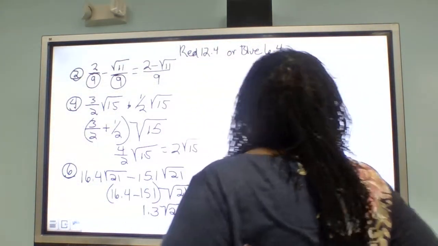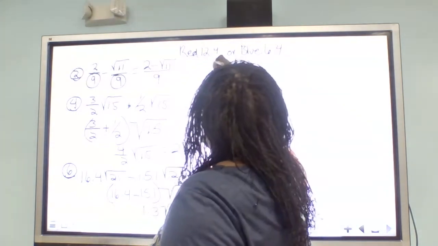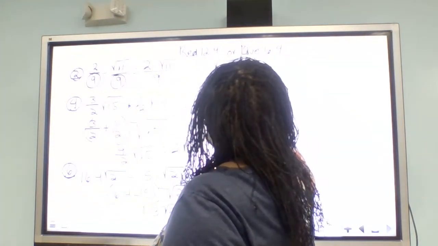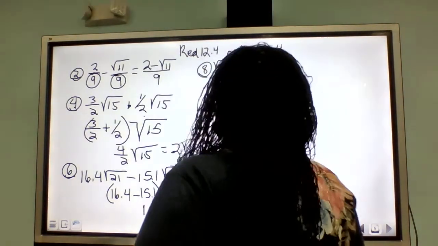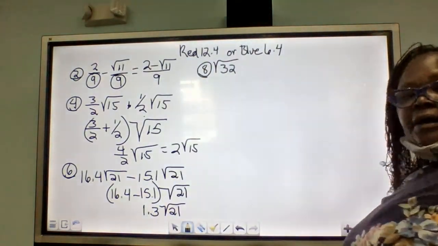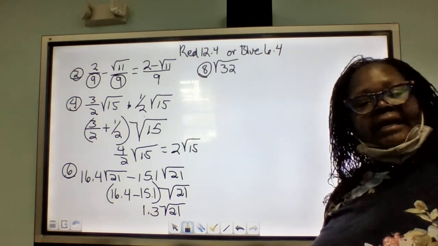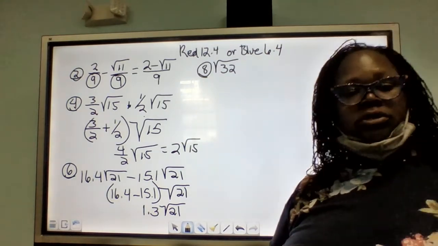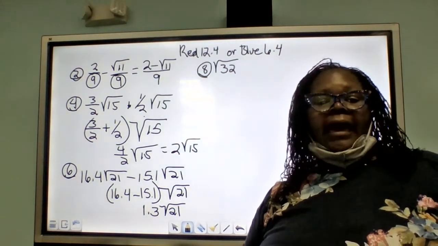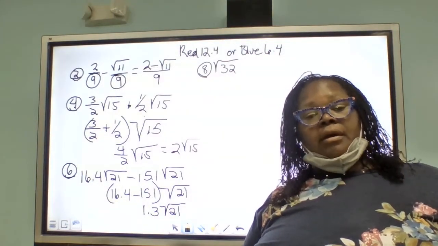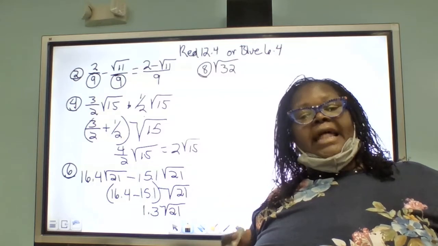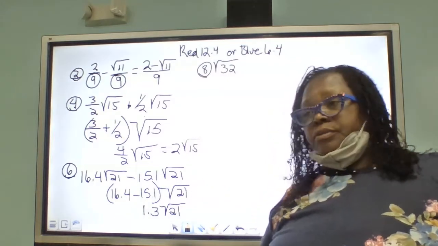On number 8, we have the square root of 32. In a case like this, we have 32. We can identify multiples of 32, and if a multiple of 32 is a perfect square, we can take that perfect square and leave the rest under the radical. Okay?